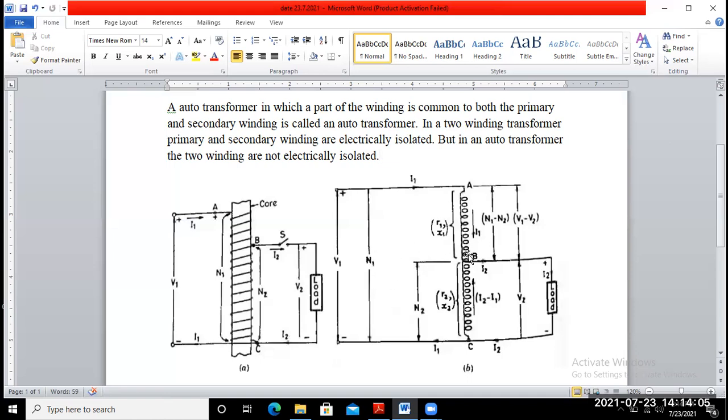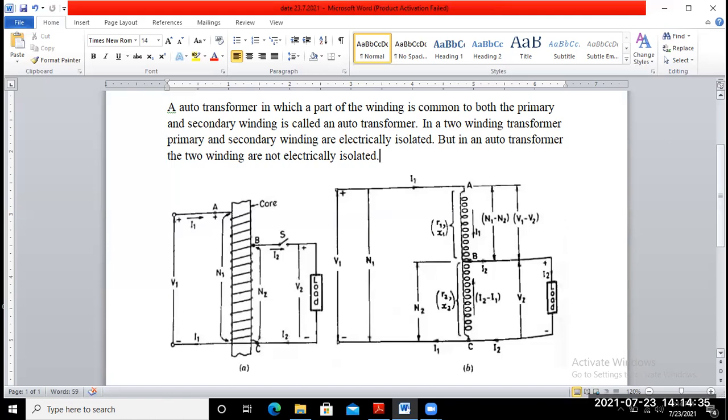We already explained all the parts of the A and B winding, leakage resistance and leakage reactance, and the secondary winding BC, number of turns and current flowing through this winding BC, and their resistance and leakage reactance. All is shown here in the equivalent circuit diagram of the auto transformer.